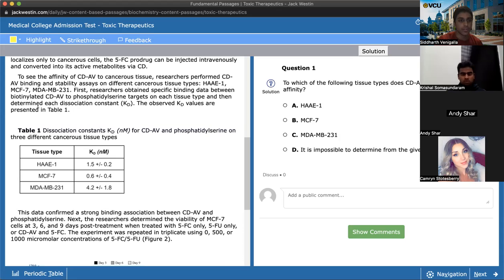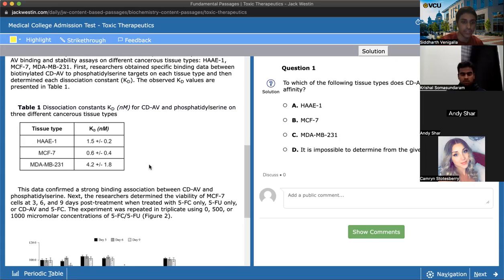And so they figured out the dissociation constant. We figured out the dissociation constant tells us the binding between the CD-AV complex and the phosphatidylserine targets, which are the phospholipids within the cell membrane. So we have the dissociation constants here between our CD-AV and the phosphatidylserine.